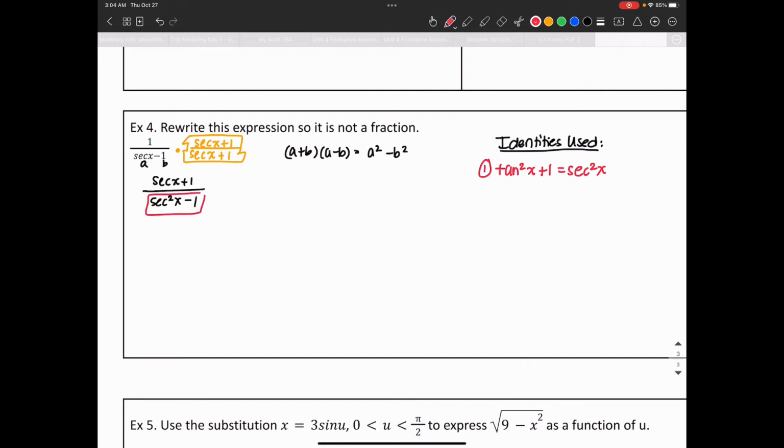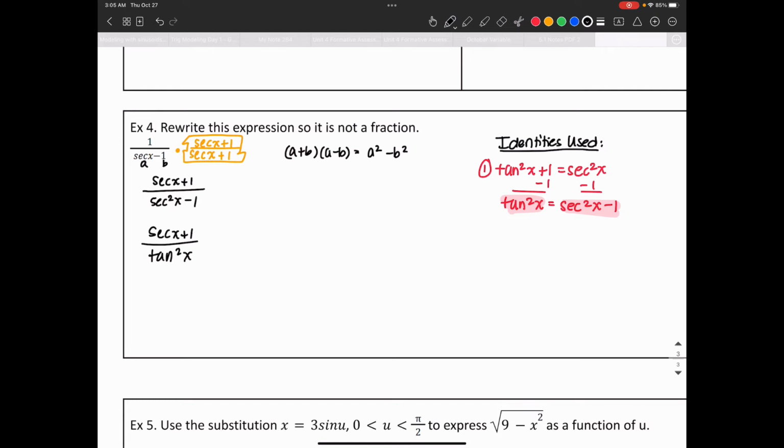I want to have secant squared of x minus 1 on one side of this equation, so I can get that by subtracting 1 on both sides. So tangent squared of x is equal to secant squared of x minus 1. Then I can take these two terms and rewrite them as this one term. I'm going to rewrite this as secant of x plus 1 all over tangent squared of x.